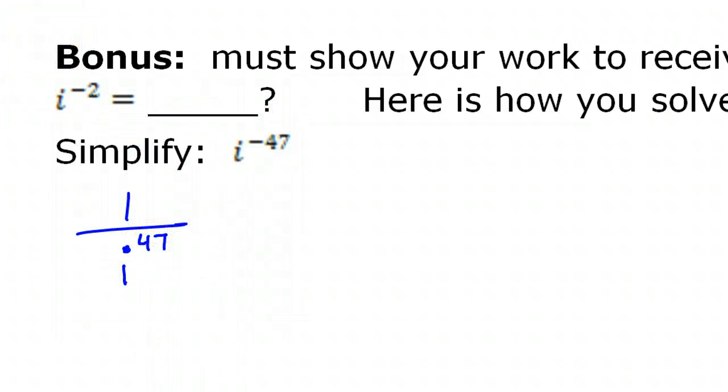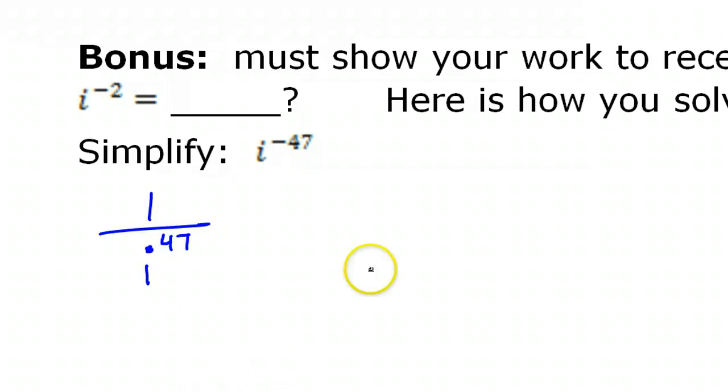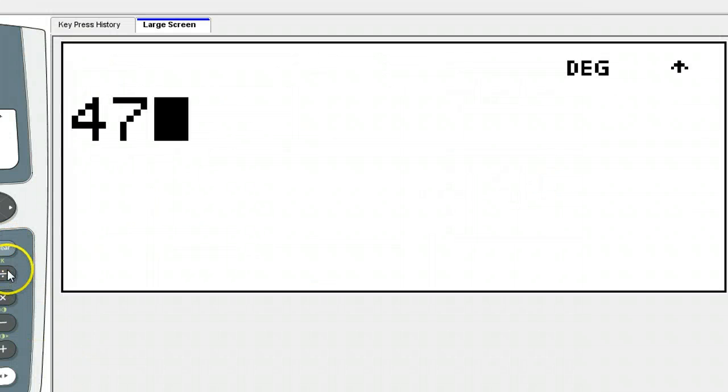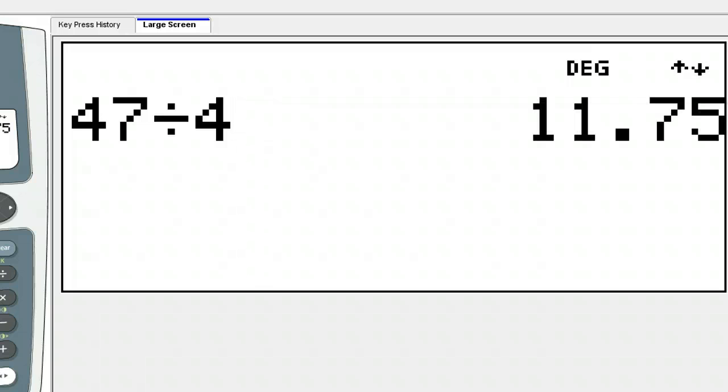was to take this number and divide it by 4. So if I do 47 divided by 4, I get 11.75.